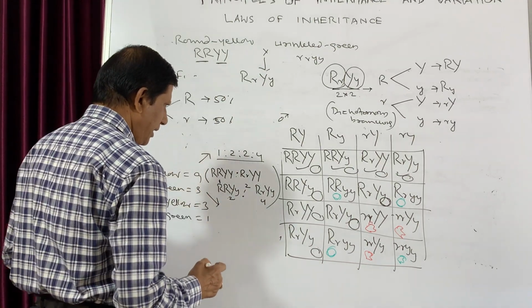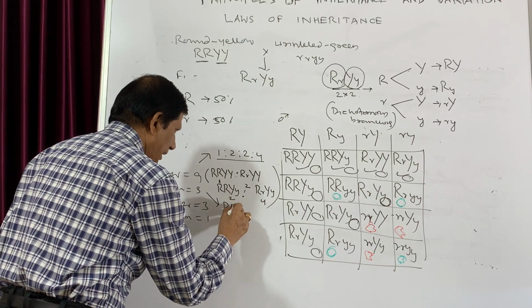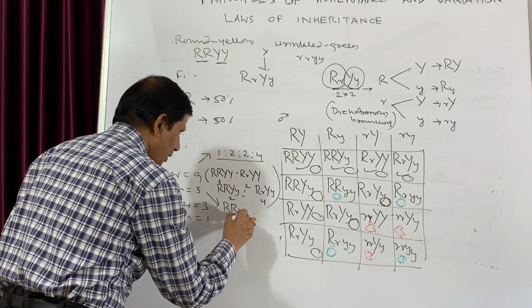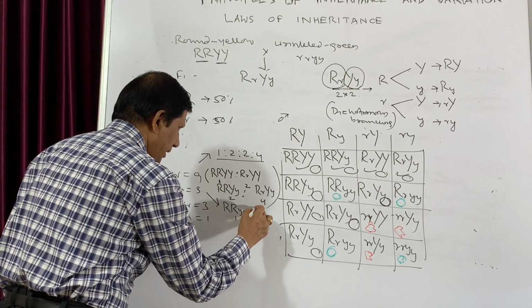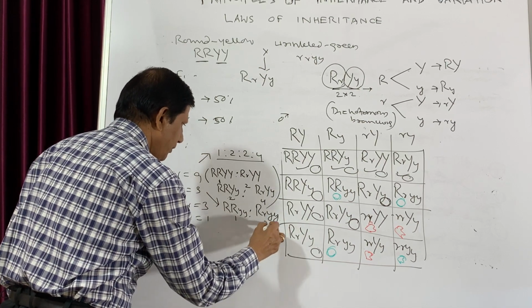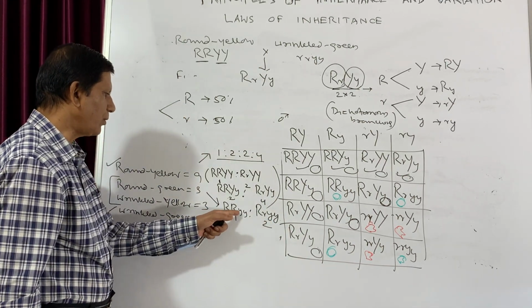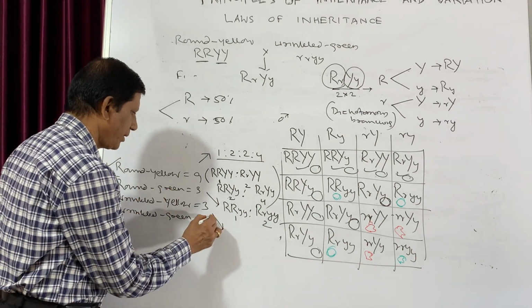Now come to this 3. Now these 3, usually they will be capital R, capital R, and small y, small y. This will be 1. And the other is capital R, small r, small y, small y. This will be 2. So they will be round and green. Now you come to these 3.